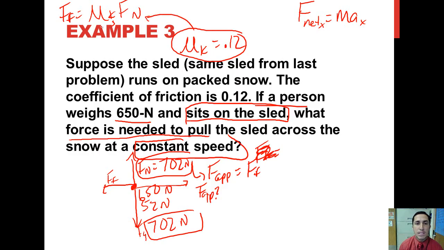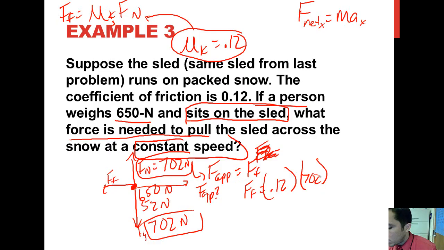Good, friction force does. That's the one we're going to use then. So we're going to have friction force equal to 0.12 times your normal force. Where's your normal force? Oh, here it is, 702. So we do 0.12 times 702, and we get 84.24.